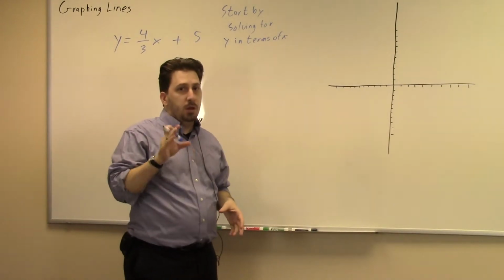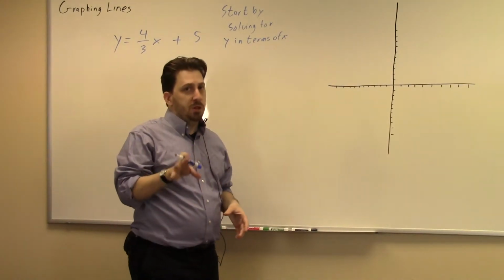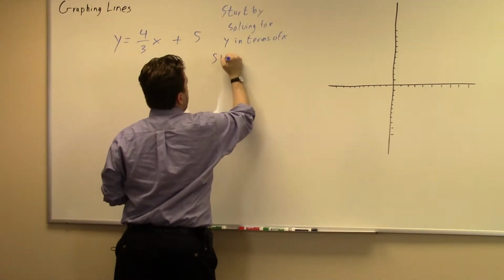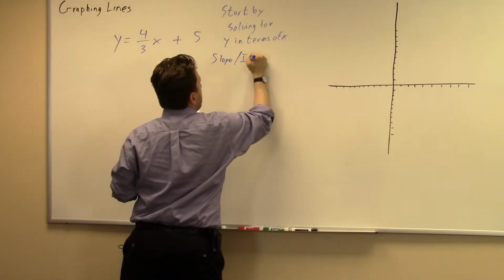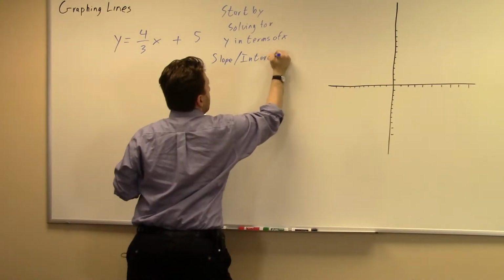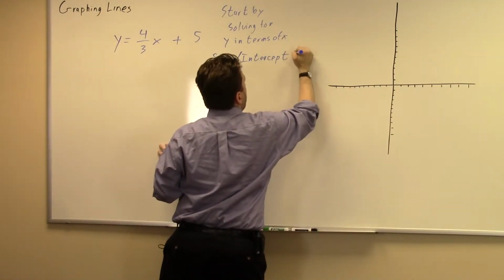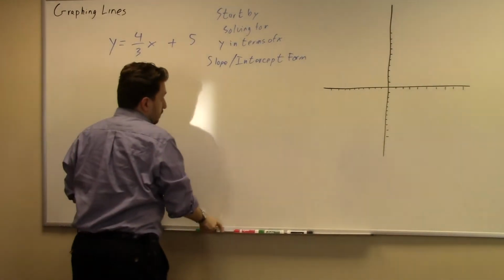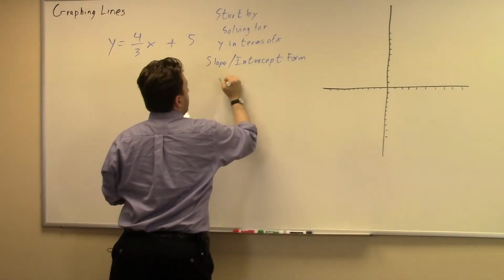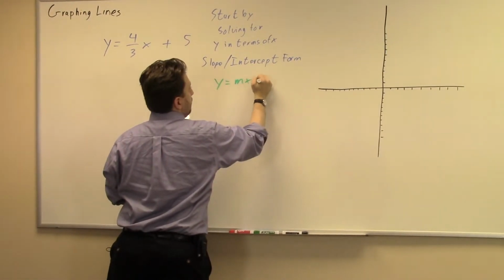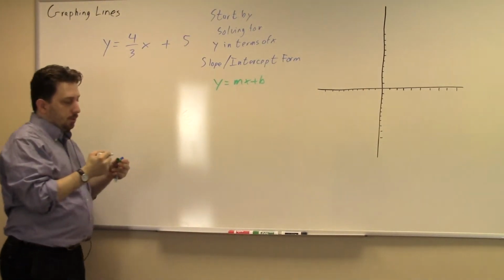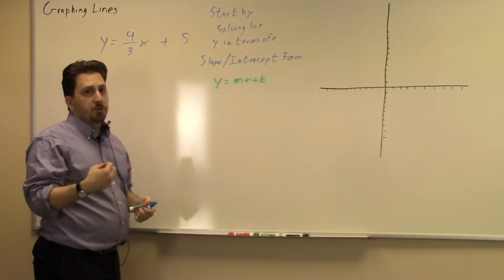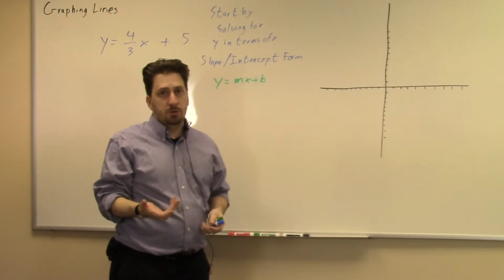You want to get your line into slope-intercept form. Okay? When I say slope-intercept form, I mean that your line is going to be in the form y equals mx plus b. When it's in slope-intercept form like this, it's really easy to graph it, especially with the technique that I'm about to show you.